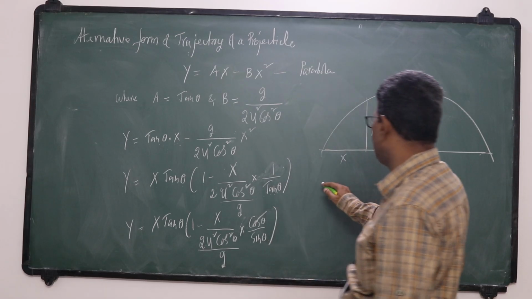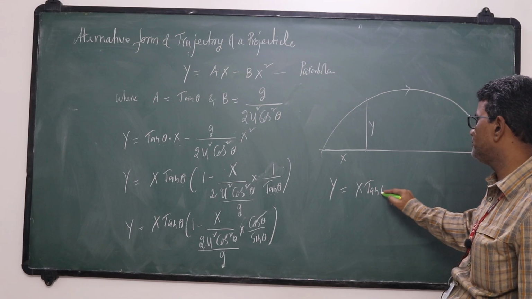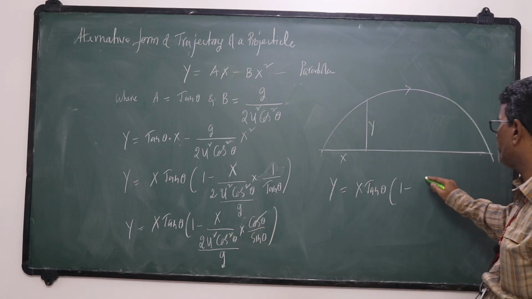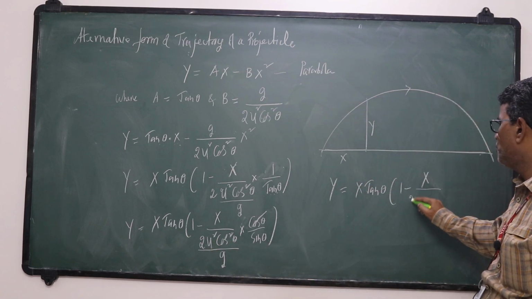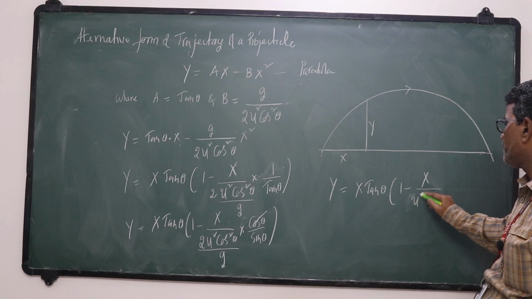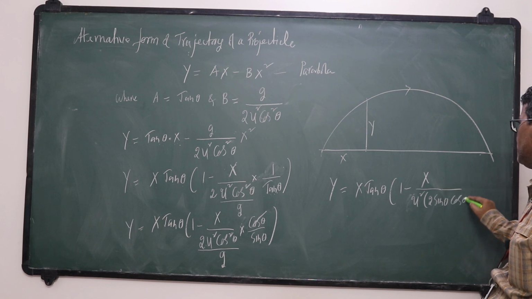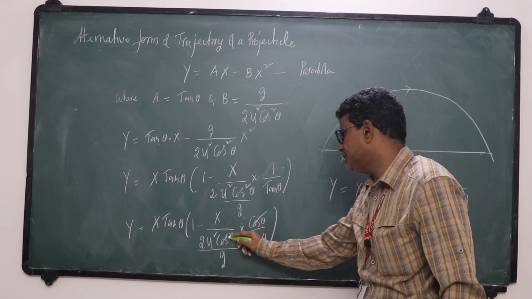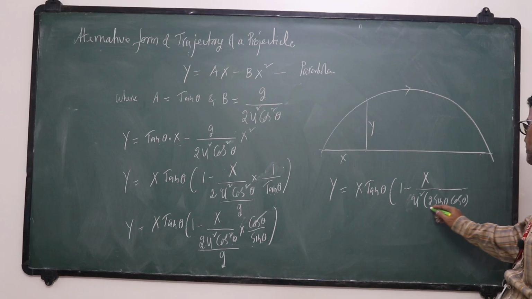So what you will get here? y is equal to x tan theta of 1 minus x, and here the remaining is 2u square, 2 sin theta cos theta, with one cos cancelled, by g.